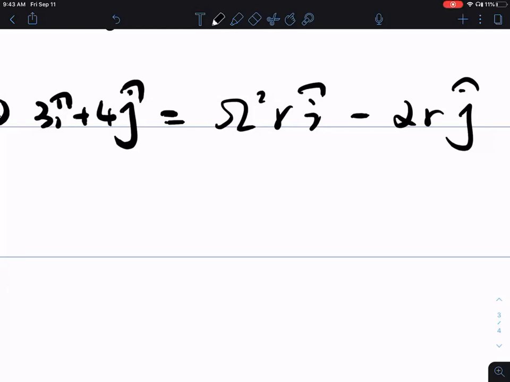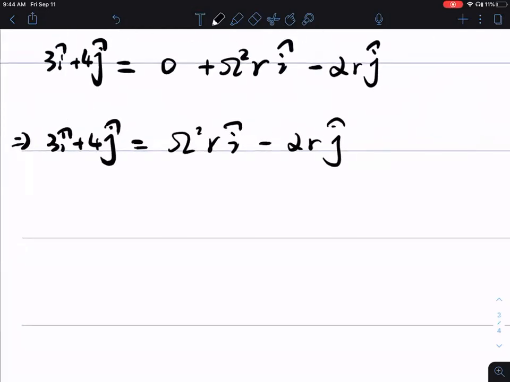That means these two vectors are equal. That means if they're equal, everything in front of I should be the same. Everything in front of J should be the same. Right? Remember that? So you can always break down a vector equation to two scalar equations.